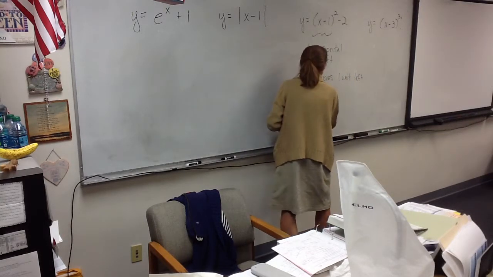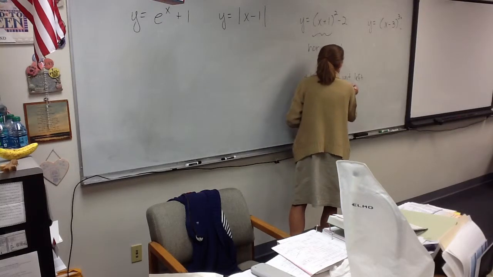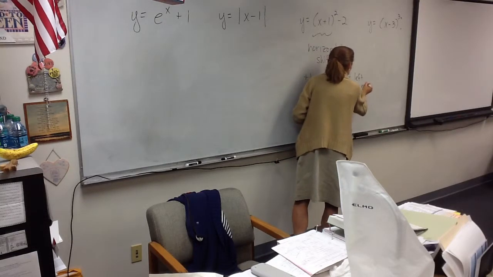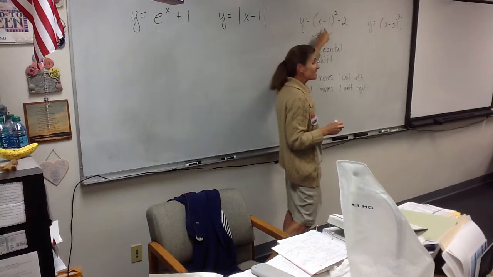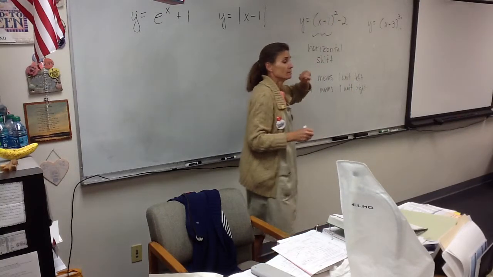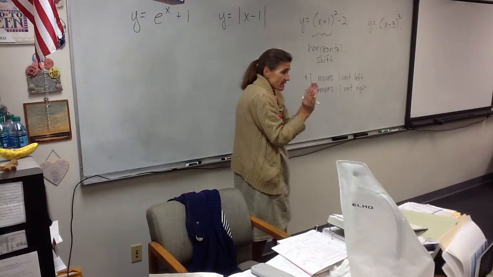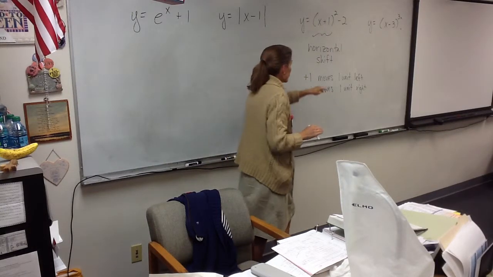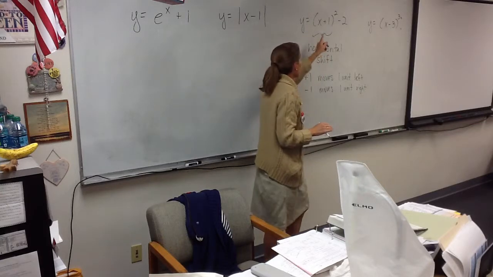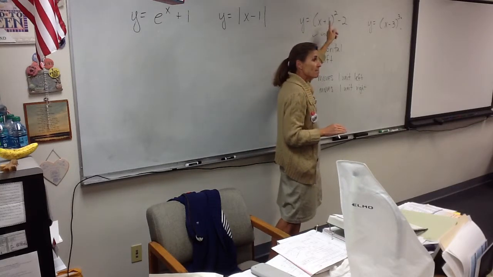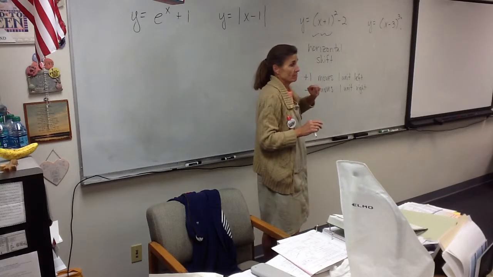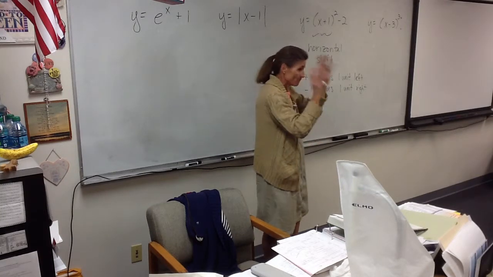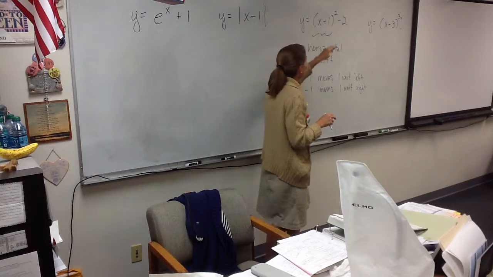A -1 moves 1 unit to the right. So any time that you have added or subtracted to the x itself, you're going to move left or right. A plus moves you left, a minus moves you right. You got to know that. Not for the quiz tomorrow, but for future.